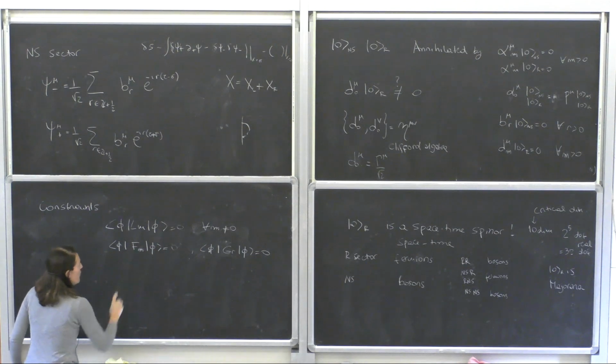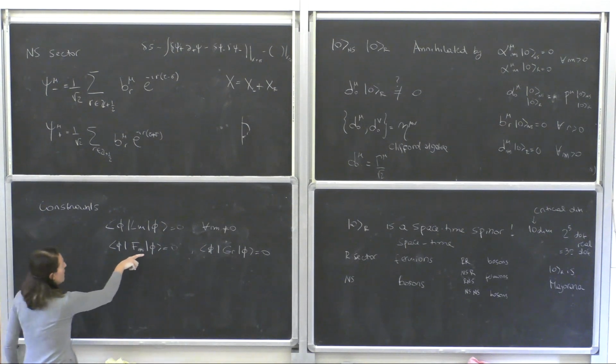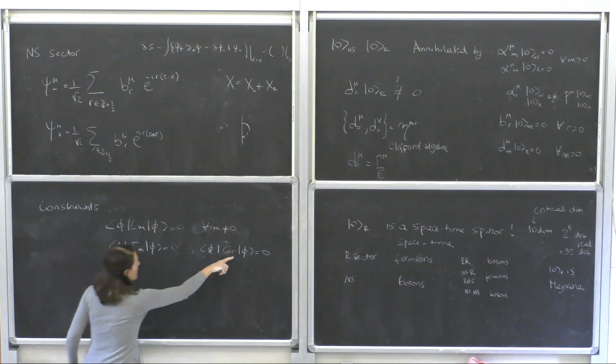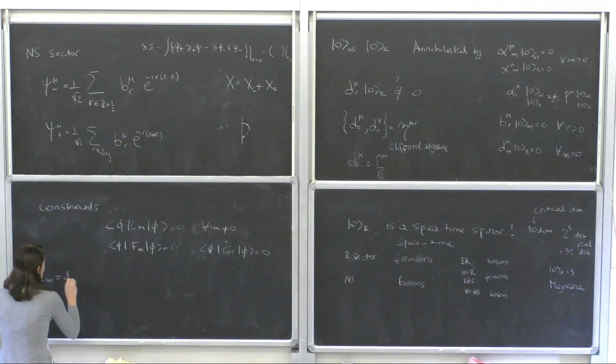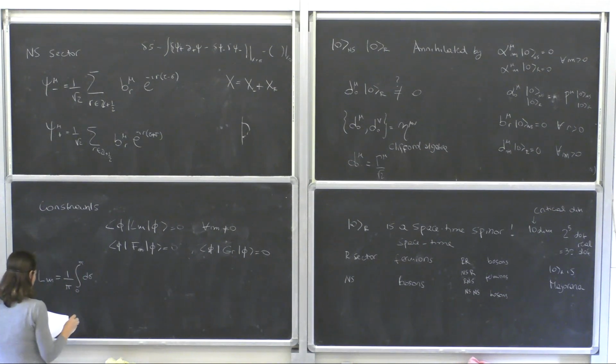So these are the modes of the supercurrent that I will write. These are the ones in the Ramond sector, and these are the ones in the NS sector. So let me write the L_m, which are the modes of the energy momentum tensor. You can obtain them by integrating over sigma.